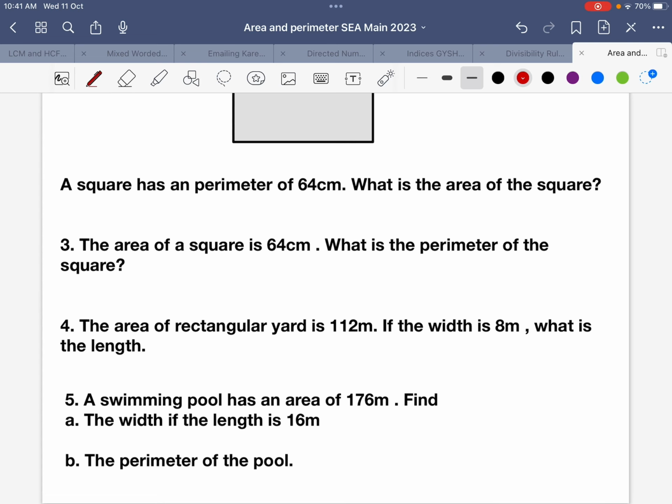Number 4. The area of a rectangular yard is 112 meters. If the width is 8 meters, what is the length?